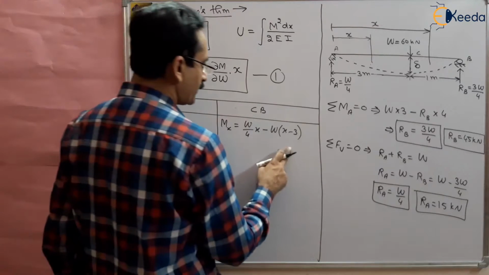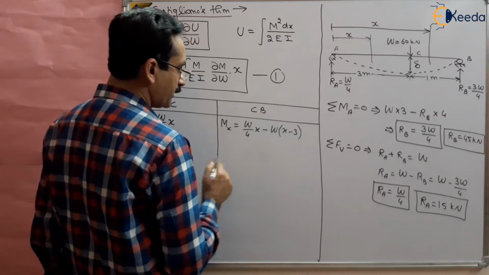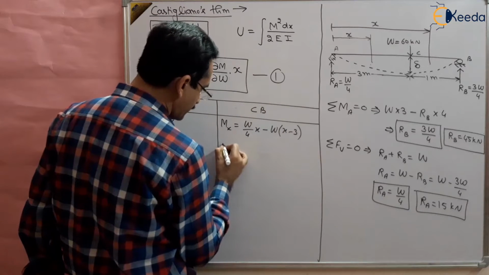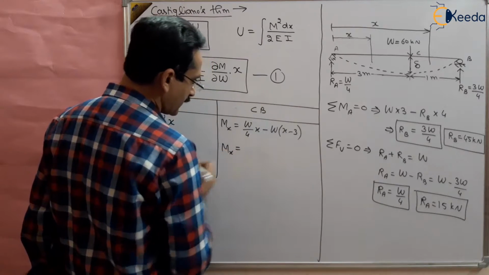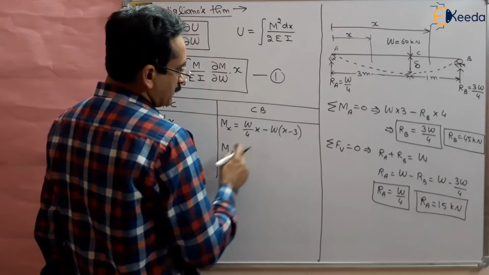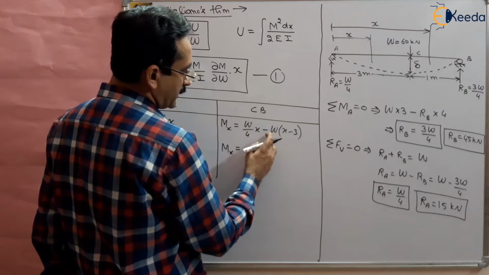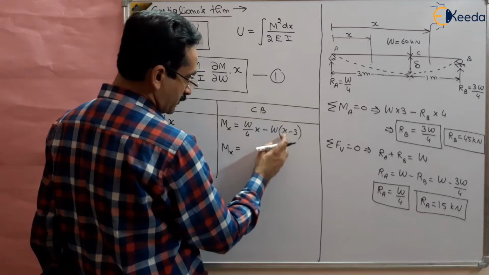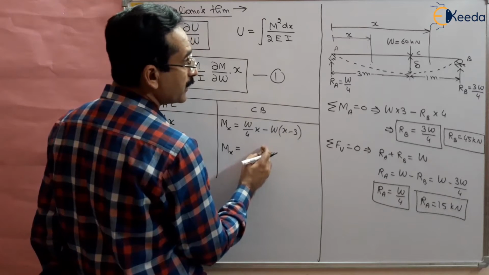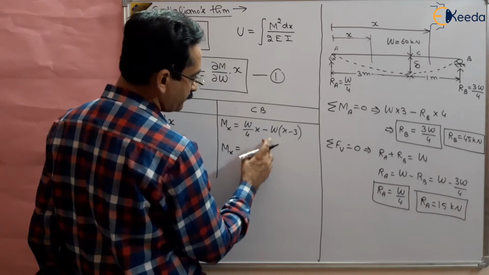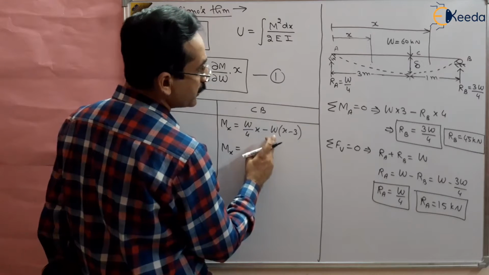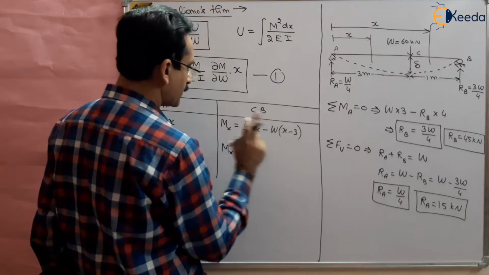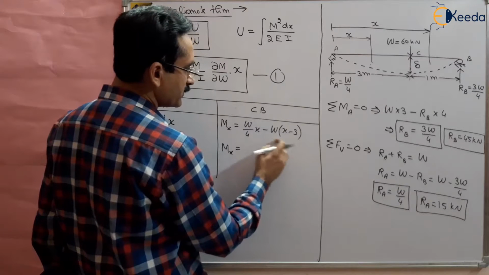So this is the bending moment for this part of the beam, right? If I further solve it, this is W by 4 minus W multiplied by X, plus 3, right? So 1 minus 1 by 4, this is 3 by 4.